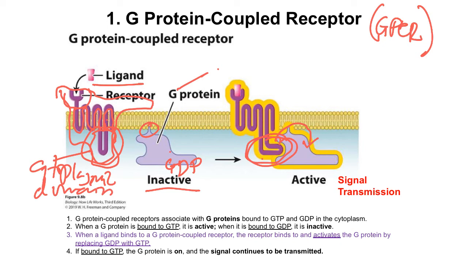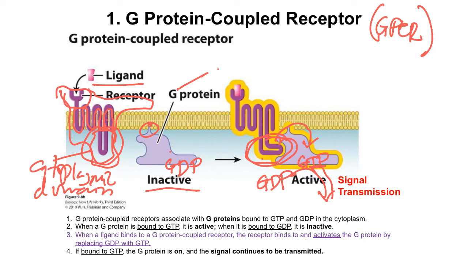What happens is that the GDP comes off, and then this is replaced by GTP.